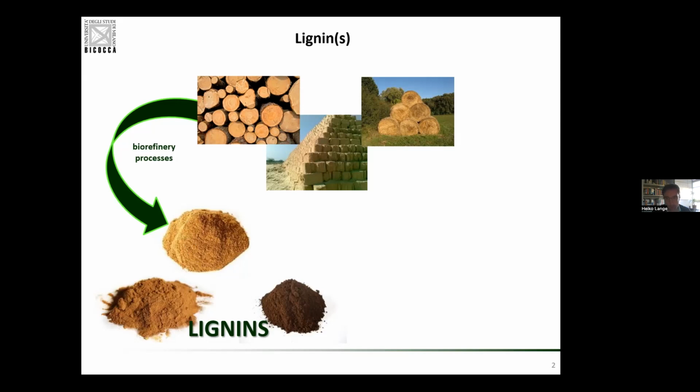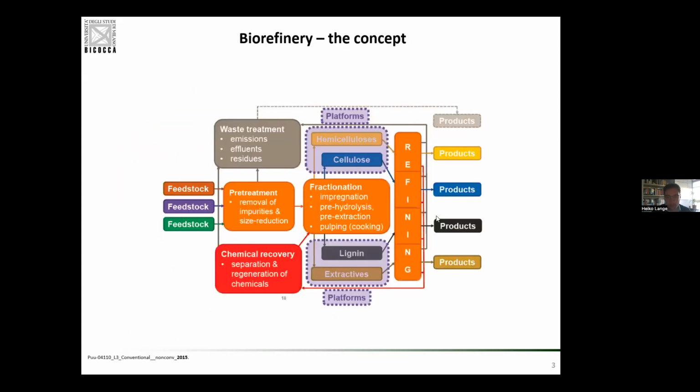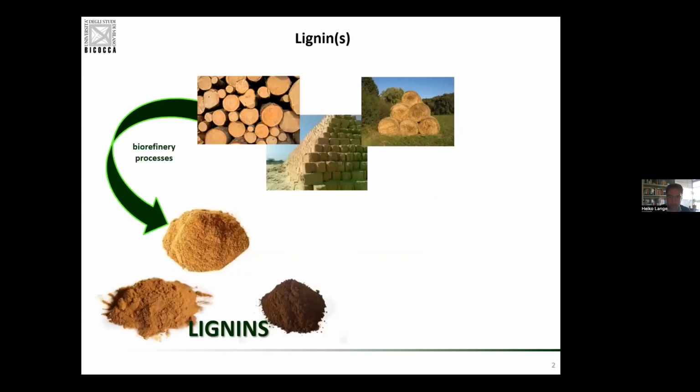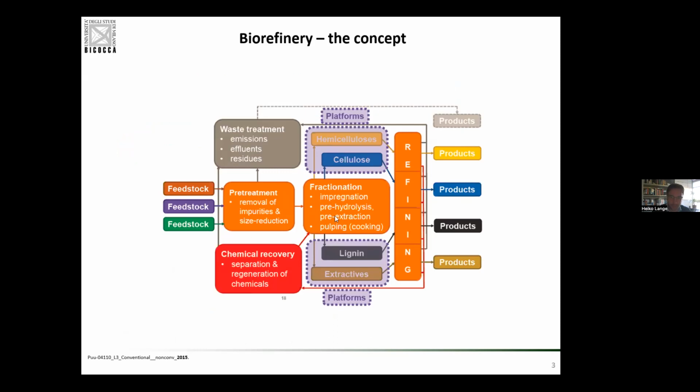Then all these lignins come sooner or later from a biorefinery. Just to give you a background, right? As I said, we take the waste biomasses, and then they are treated, the waste biomasses or the wood, directly in the pulp and paper industries. So we can see everything as some type of biorefinery, where one of our products is then the lignin.